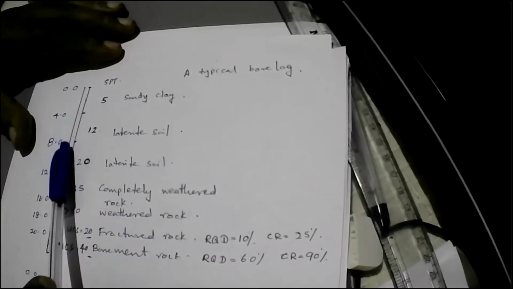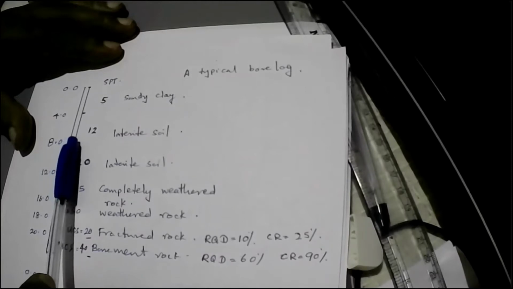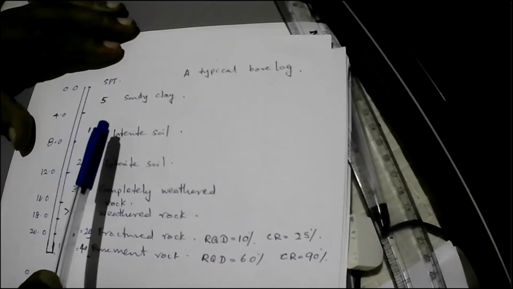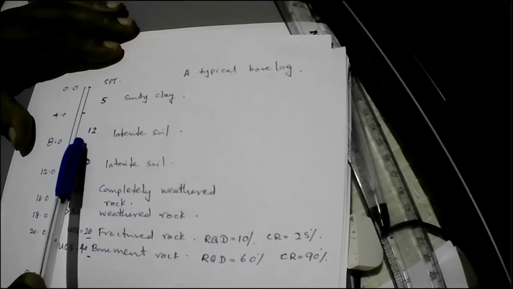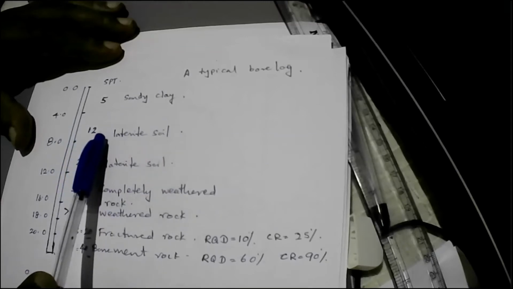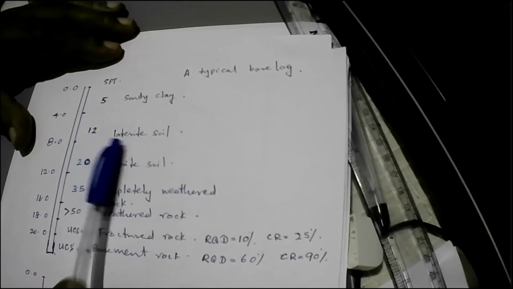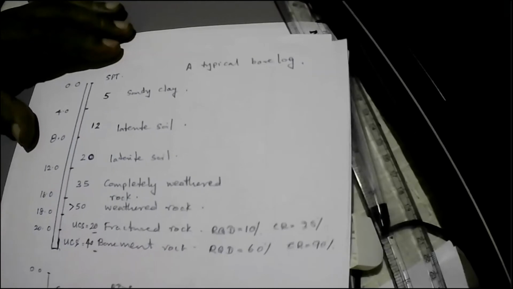And then 4 to 8 meters, we'll consider that the SPT value is about 12, and it's a laterite soil, but not a very strong laterite soil. It may be a laterite soil containing a certain amount of clay.